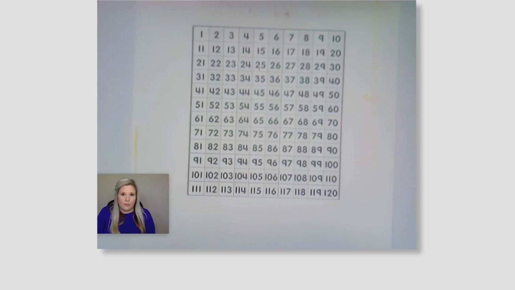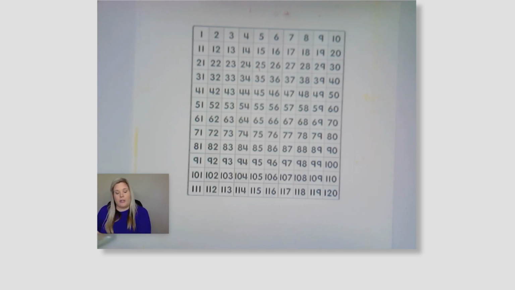This is something really important, and we're going to learn more about that today: how to count by ones and tens to find a pattern on the 120 chart. Okay, let's get started. You're going to use your paper and your pencil to follow along with me as we find those patterns by counting by ones and by tens.